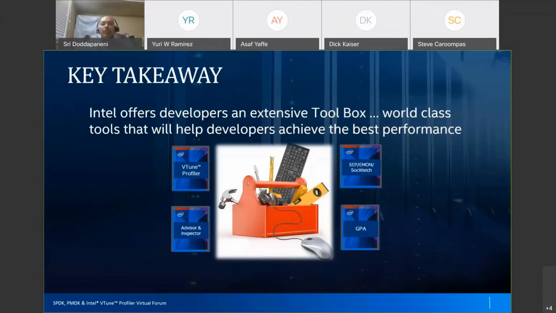And then we have also been working on other tools like SoC Watch, which is more power and energy focused.